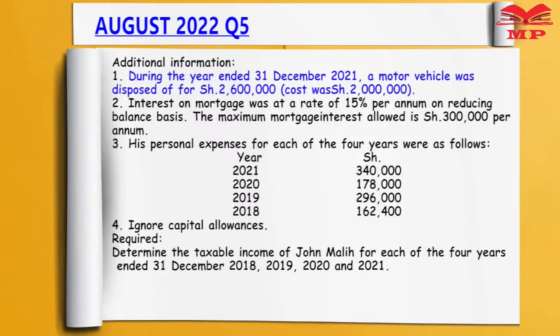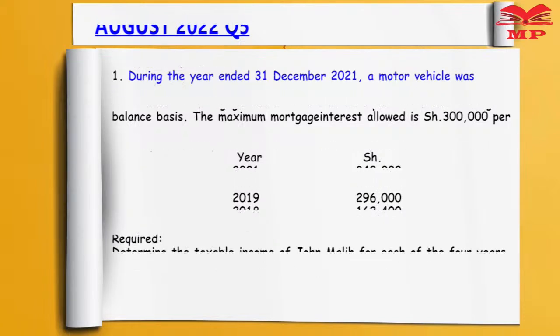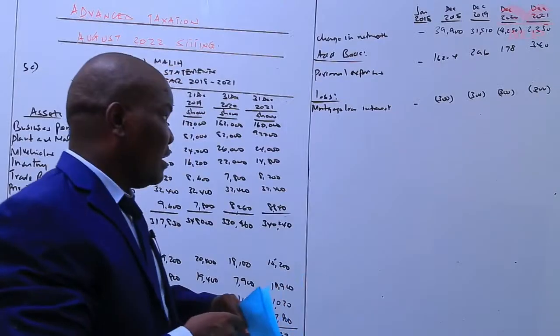Information 1. During the year ended 31st December 2021, a motor vehicle was disposed of for 2.6 million. The cost was 2 million shillings. What does that mean? It simply means the firm made a profit from disposal of this motor vehicle. So what was the profit? We have the disposal sales proceeds of 2.6 million and cost of 2 million, meaning the gain was 600,000.